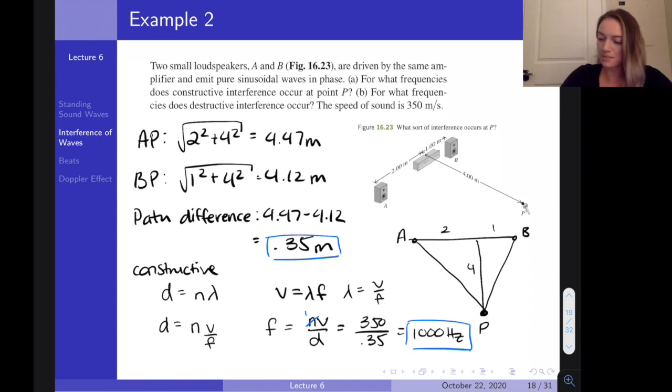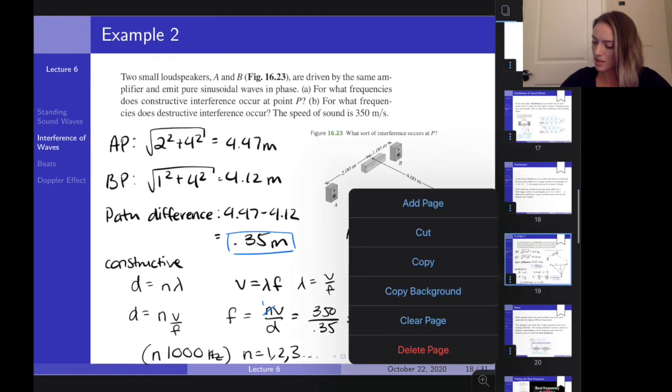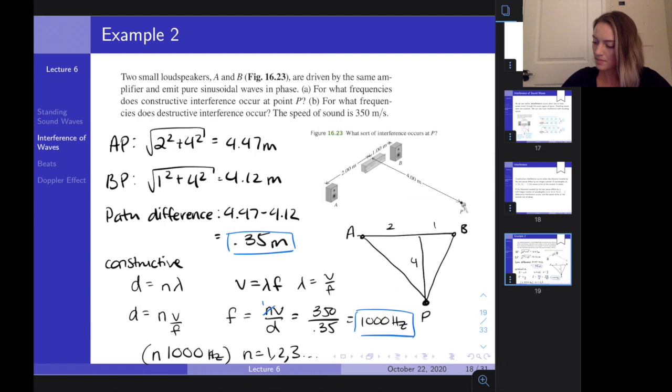So basically, our answer is 1,000 hertz, or you could say n times 1,000 hertz, where n is an integer. So any of those frequencies will give you constructive interference at this point P. Now we want to know for what frequencies destructive interference occurs. So let's add another page.